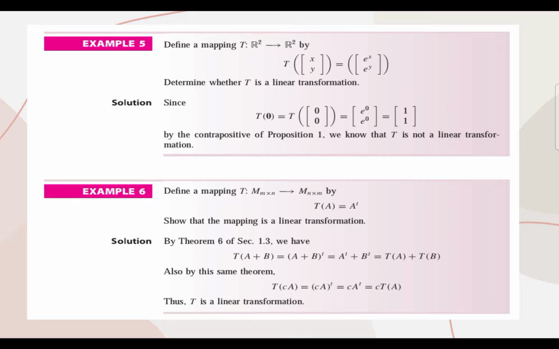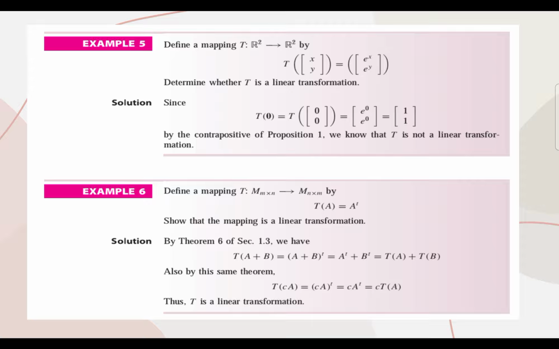So the proof: the transpose of a sum is the sum of the transposes, since (A + B)^T = A^T + B^T. It follows that T(A + B) = T(A) + T(B).